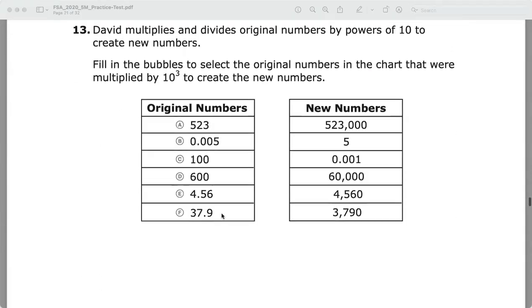Okay, David multiplies and divides original numbers by powers of 10 to create new numbers. Fill in the bubbles to select the original numbers in the chart that were multiplied by 10 to the third to create new numbers. So what is 10 to the third? Exponents. What?